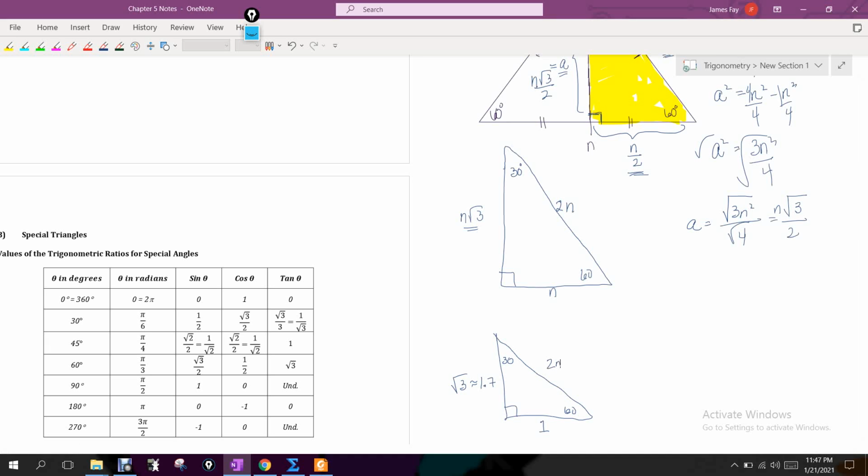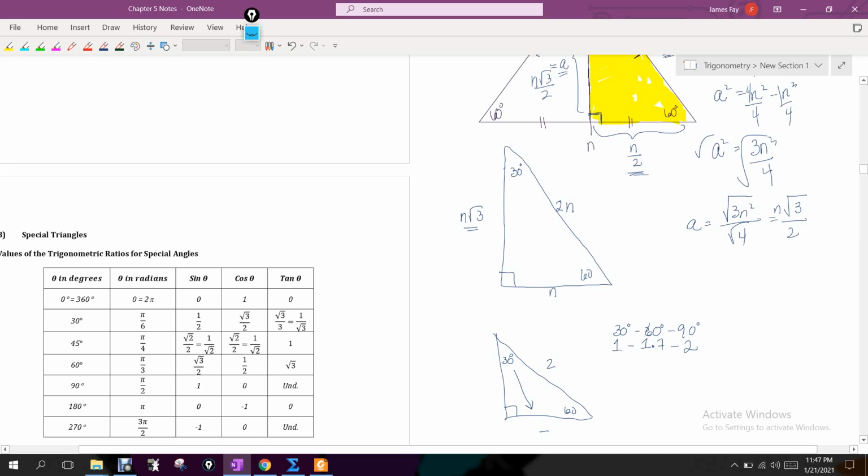And that should make sense, because across from the smallest angle should be the smallest side. So if we put these in order, smallest angle, middle angle, largest angle, then we should have smallest side, middle side, biggest side. Those are all facts that we learned about inequalities in all triangles in geometry.